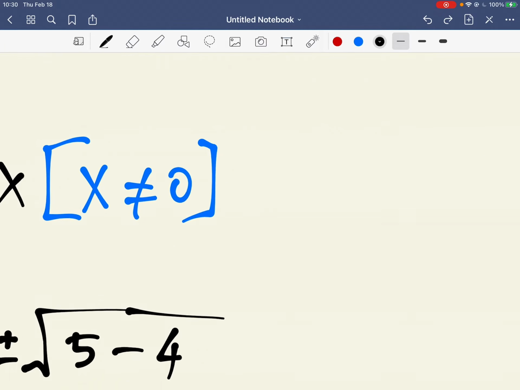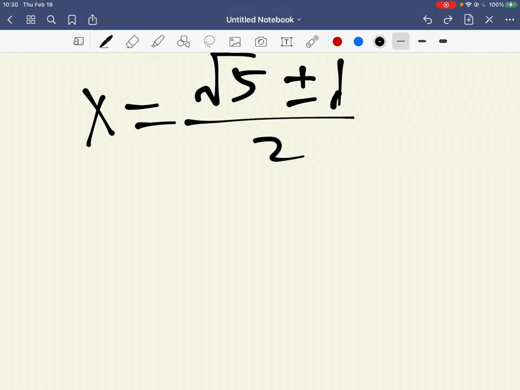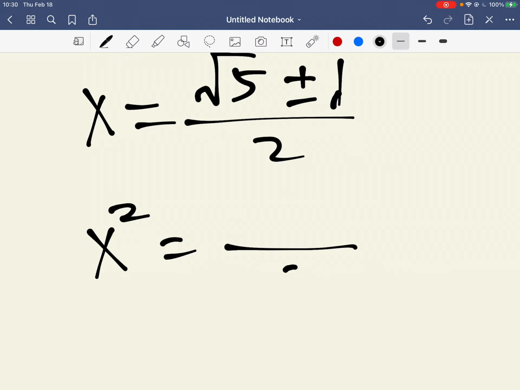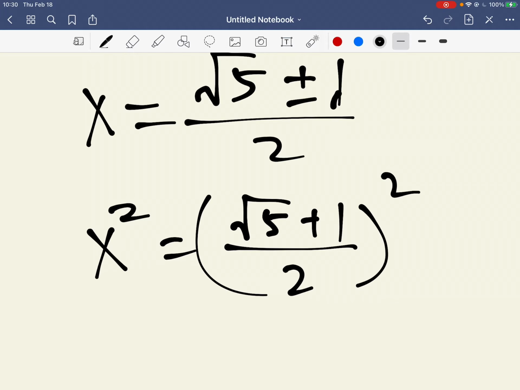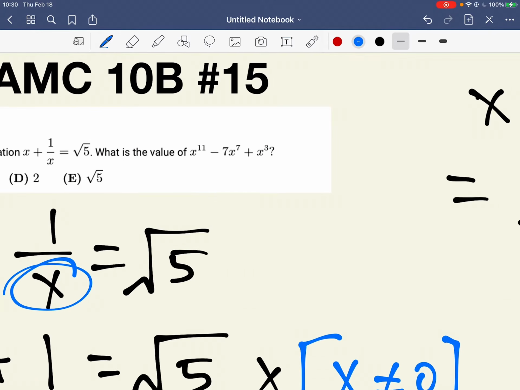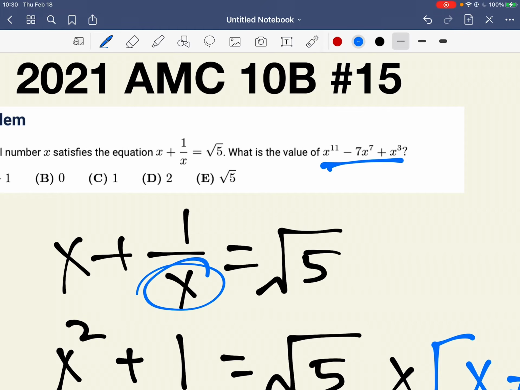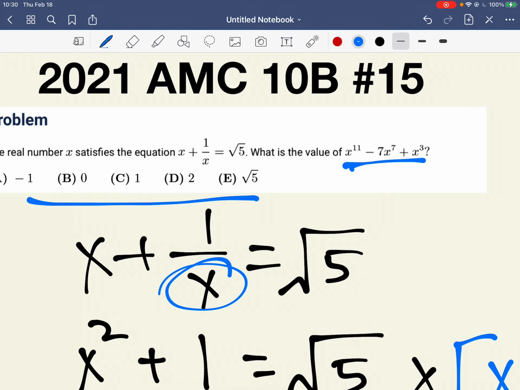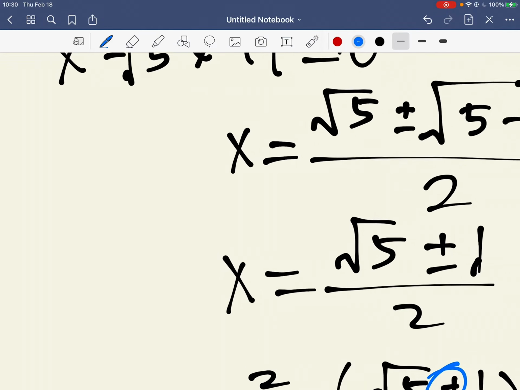So let's get started. The silly method comes here, and we know that x squared is just the previous term squared. In this term we'll just use root 5 plus 1 over 2 for convenience, because it is asking for the result of this expression and giving us 5 answer choices, meaning that there's only one answer.